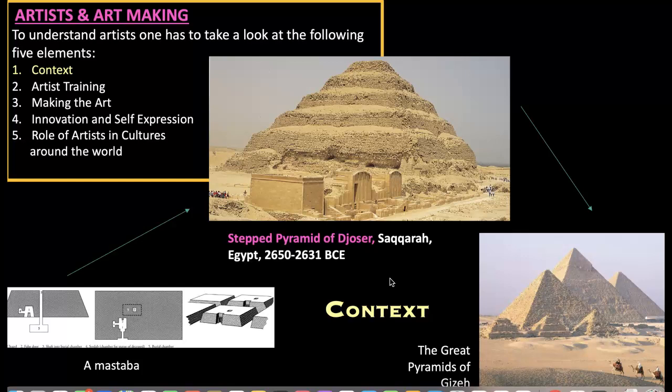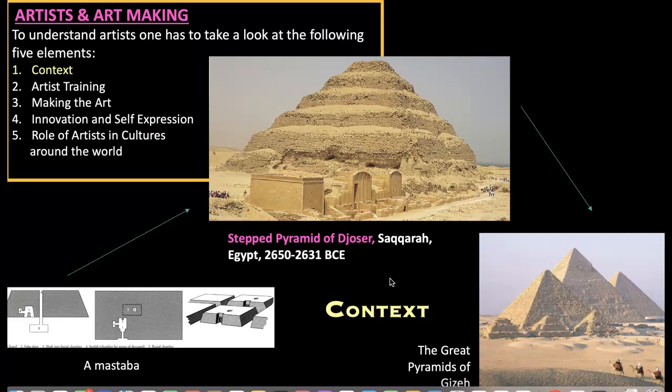But focusing on the larger image above, we have the step pyramid of Djoser that you can find in Saqqara, Egypt, dating to 2650 to 2631 BCE, slightly different and older than the Great Pyramids of Giza. And it informs what would come along when it's time for the Great Pyramids to be designed and built.